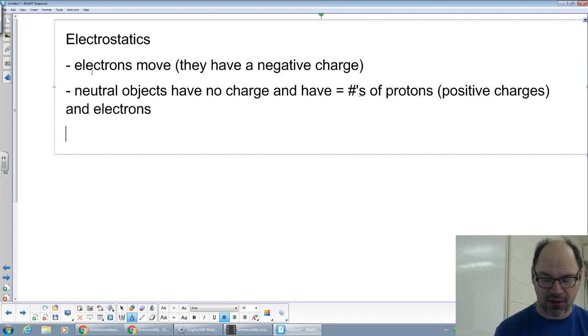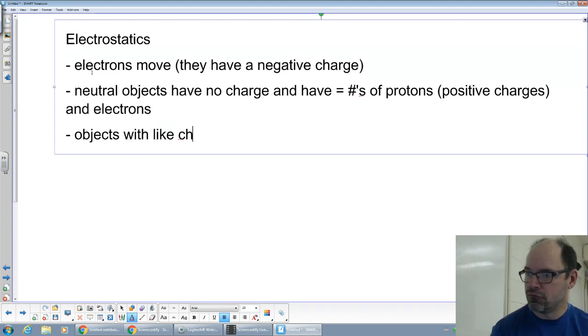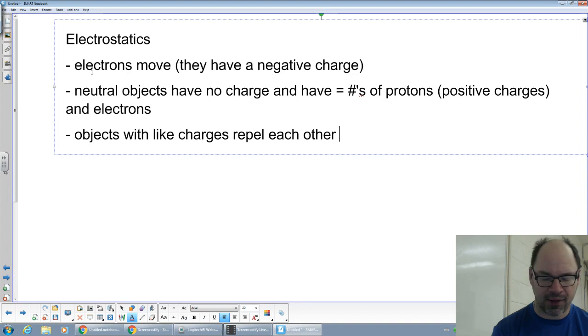We also know that objects with like charges repel each other. And that's electrostatic force.